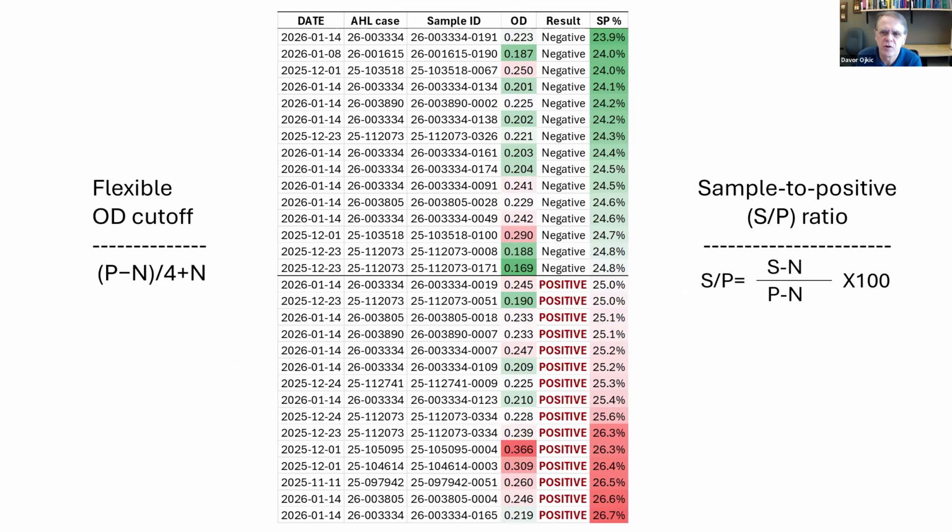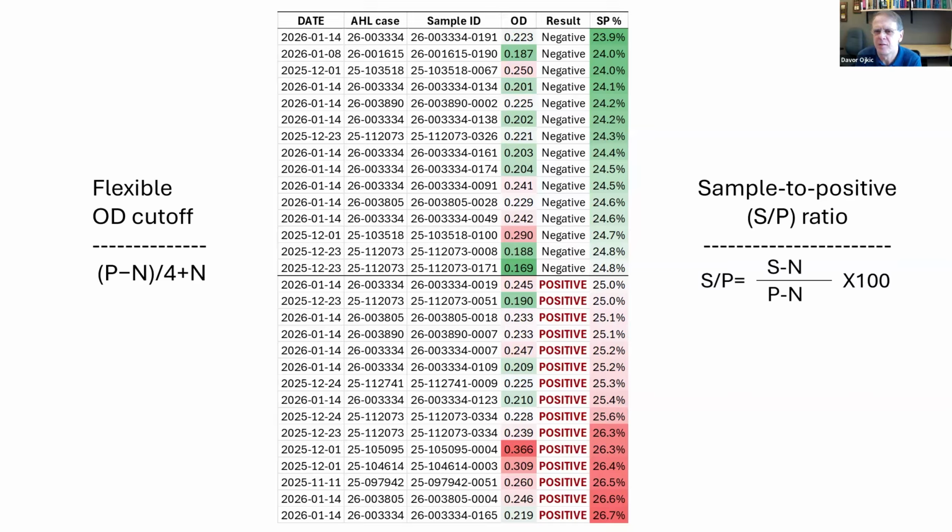So I thought, can I actually get something that's more like the other ELISAs that we use, with a normalized S/P ratio or S/P percentage? And it immediately became clear to me that the cutoff is at 25%.